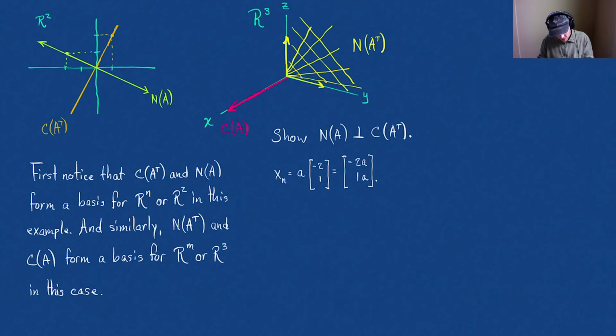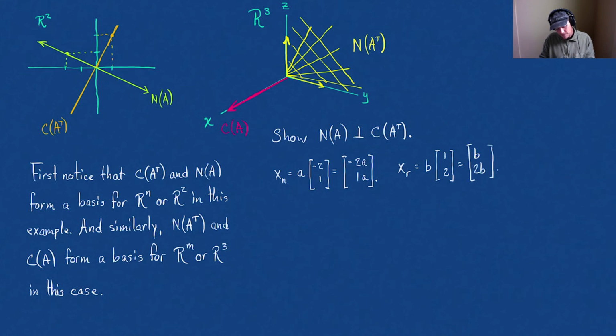Now then, the column space of A transpose, I'm going to call it XR for x in the row space. That is just some scalar b times the vector 1, 2, so we'll write this as b and 2b.